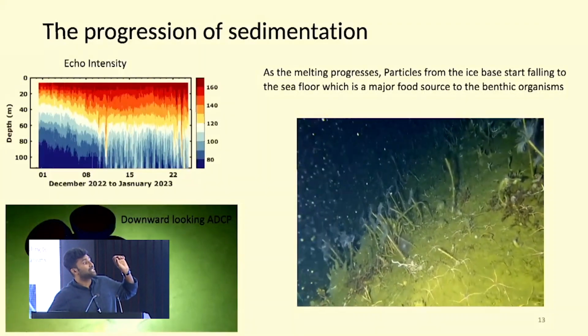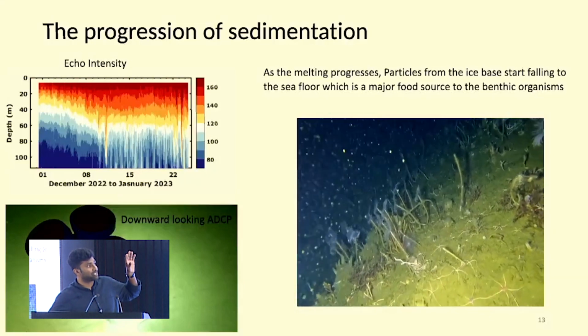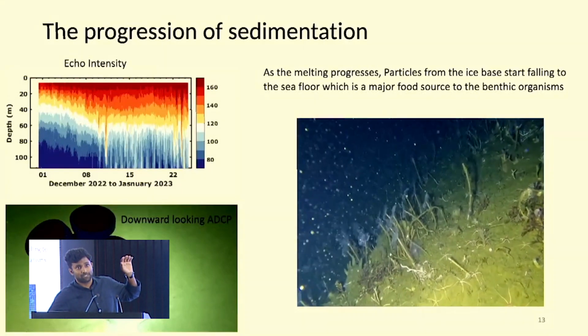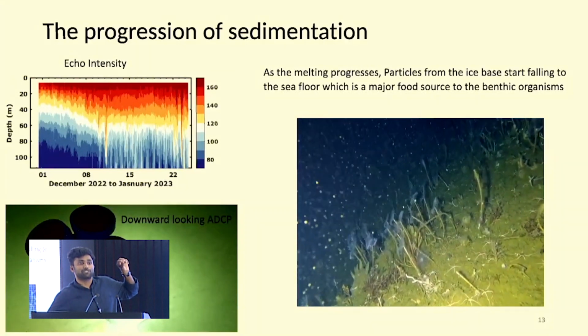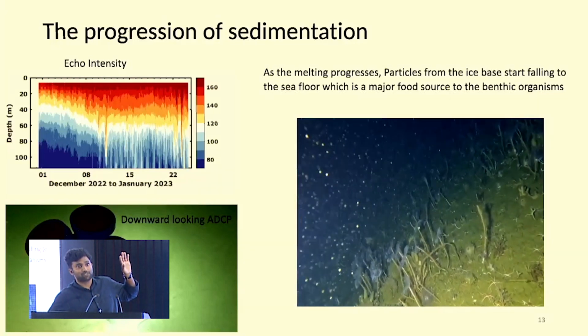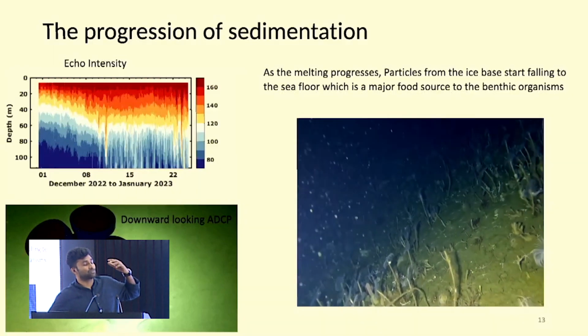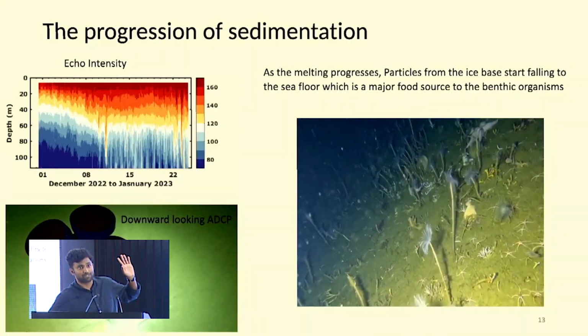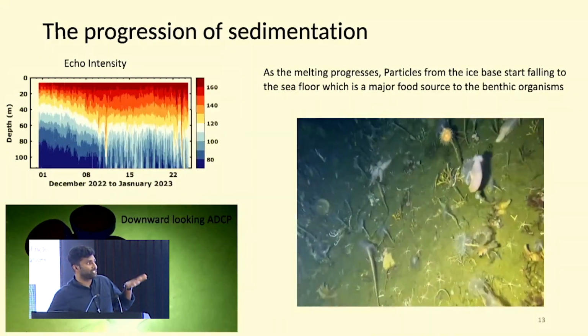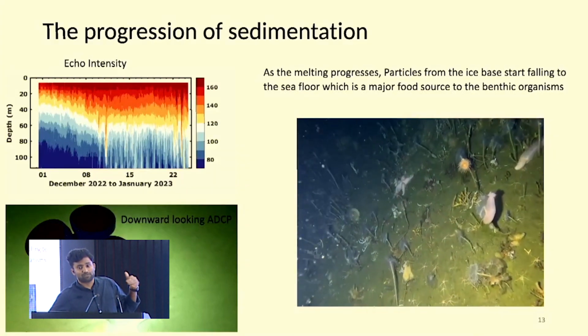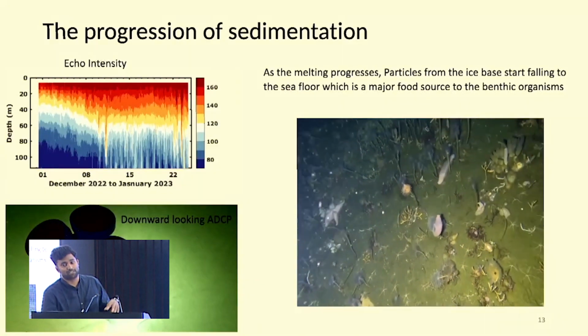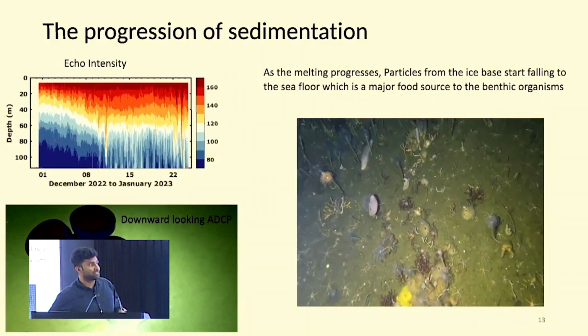What we see is that in the initial months of January, where the melting has not started, the water is not fully occupied, there is no particle in the water. Basically, there is no sedimentation happening. But in a later stage, when the melting happens, there is a lot of sedimentation, as we can see from the echo intensity data. And you can see from the video that at the bottom there are a lot of polychaetes, sponges, brittle stars, everything is there.